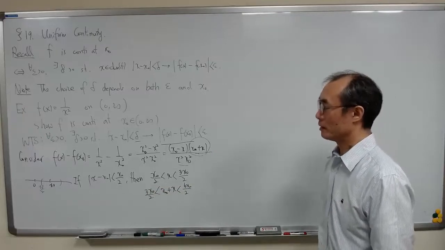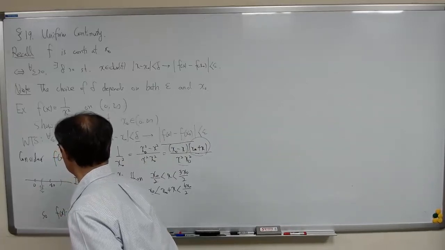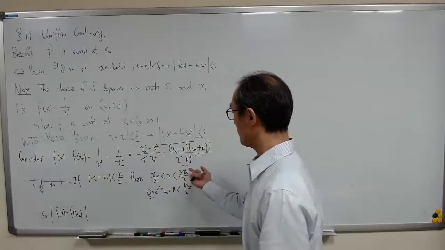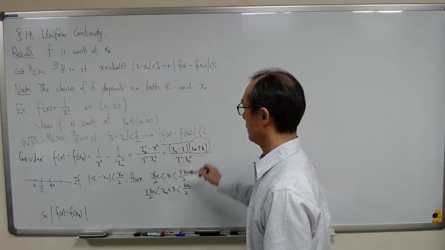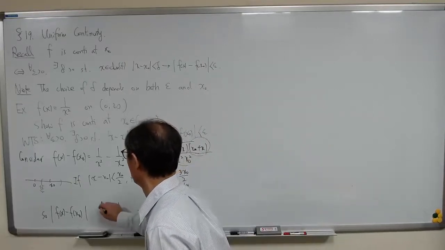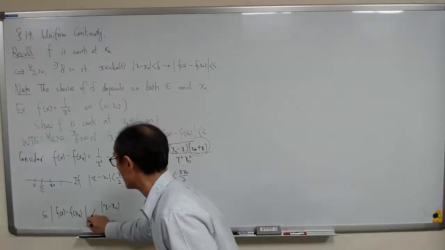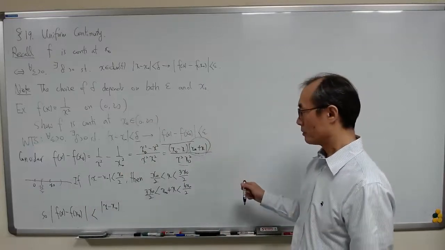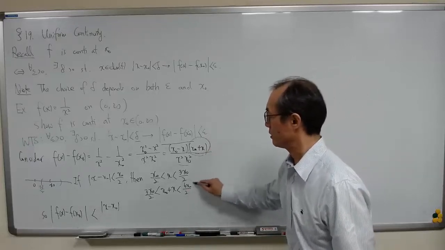Then, f of x minus f of x naught, the difference between those two terms. We're going to compute the absolute value of this expression. To get this inequality, we're going to replace this term with something bigger, which is this quantity.